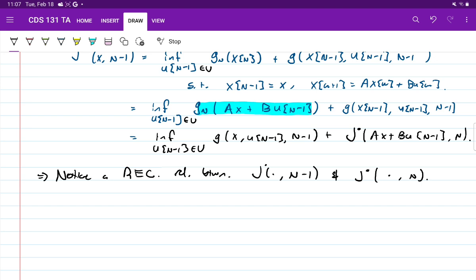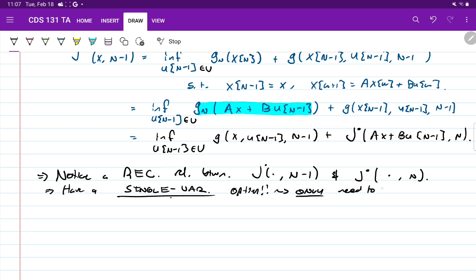Now, what else do we have? Well, we have a single variable optimization problem, right? So we only need to solve for a single input. Okay, so that's pretty nice. We don't need to solve for some whole horizon. We can just solve for a single input.